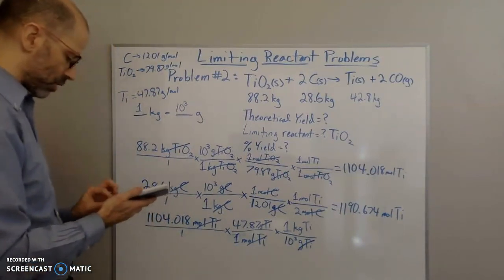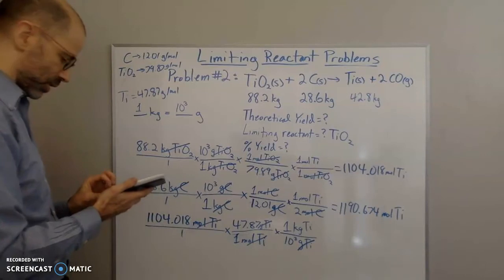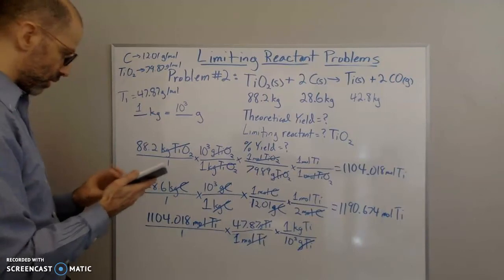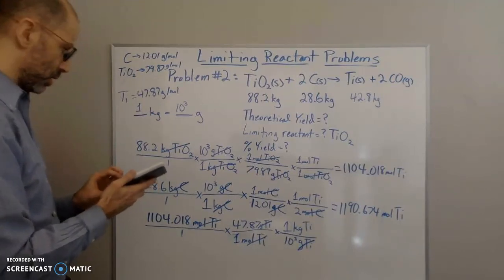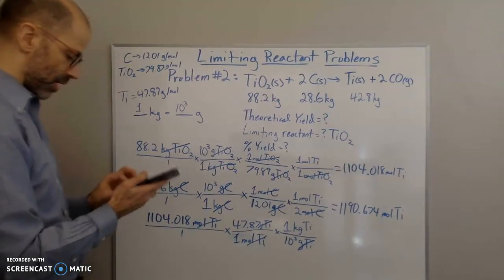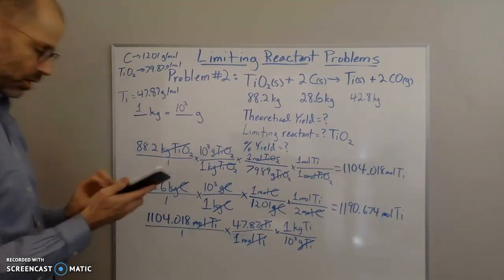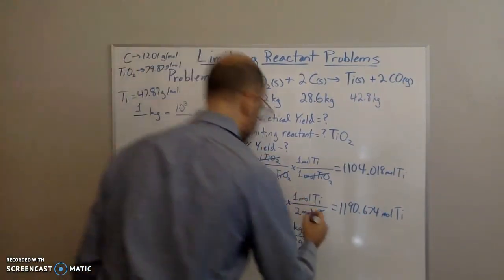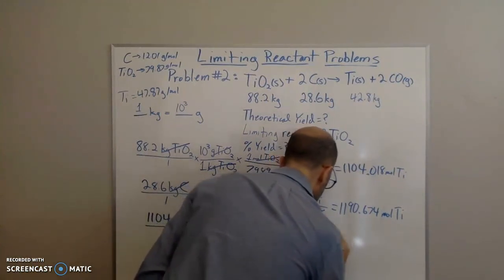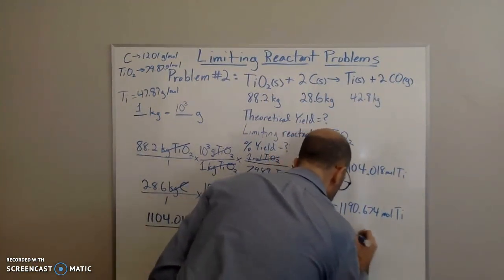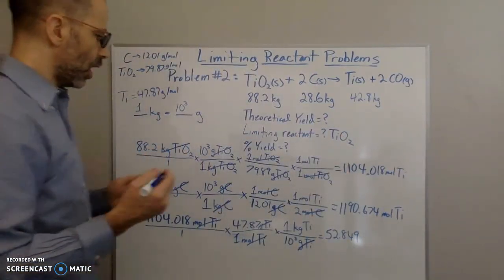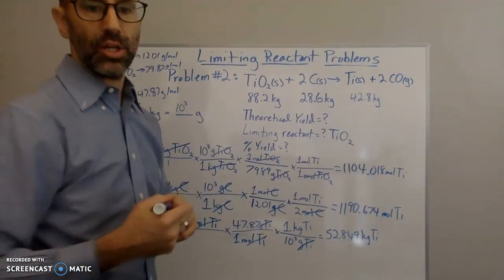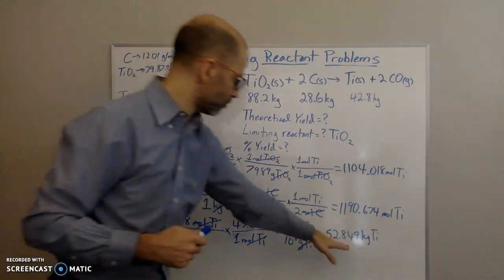So I have 1104.018 times 47.87, and then divided by 10 to the 3rd equals, and that gives me 52.849 kilograms of the titanium. And so now what I have, this is my theoretical yield.